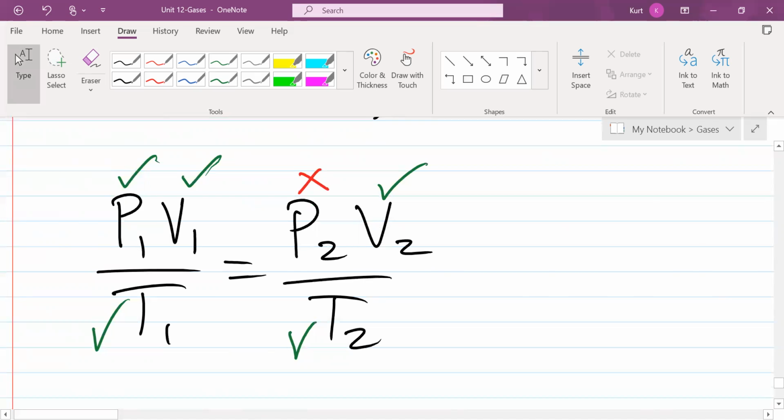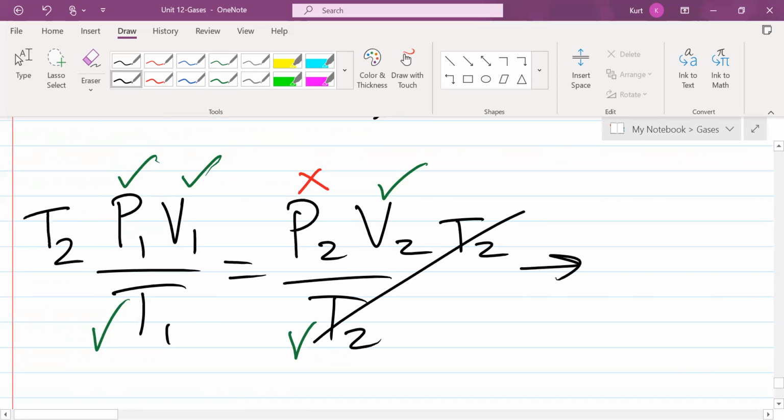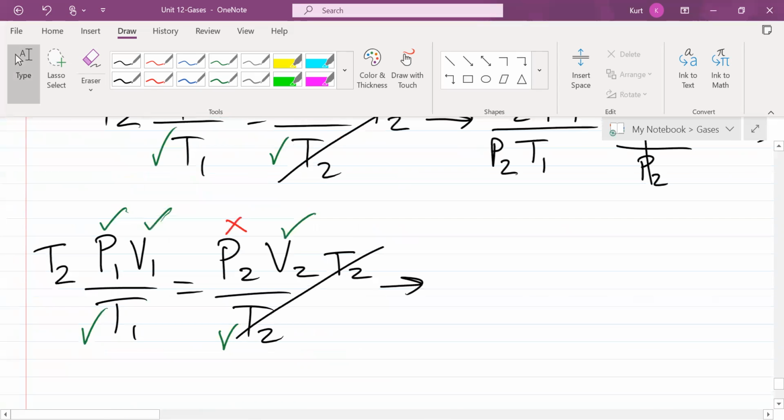So start off here. What would you do first? Multiply T2 by both sides. That's right. Okay, good. So T2 cancels out here. You see why we did that? You're canceling out and you're going to move it over here. And so now, if I were just to clean this up, here's how it looks right now. T2 times P1 times V1.